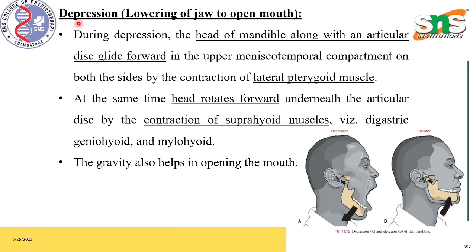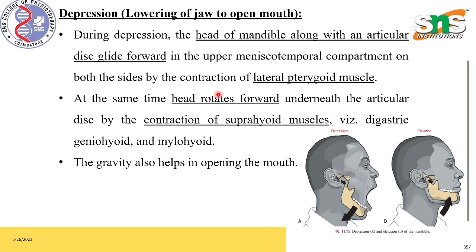So first we are going to discuss the depression, that is the lowering of the jaw to open the mouth. So during depression, the head of the mandible along with the intra-articular disc will be gliding forward in the upper meniscotemporal compartment on both sides by contraction of your lateral pterygoid muscles.